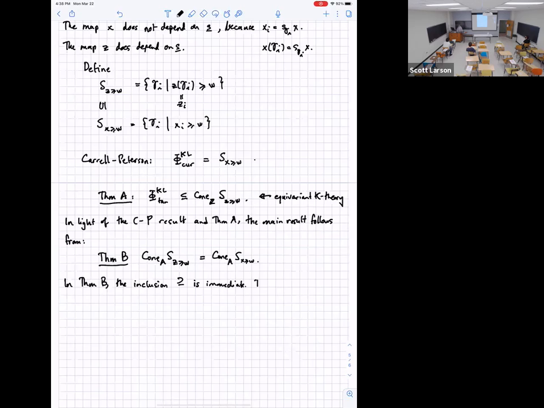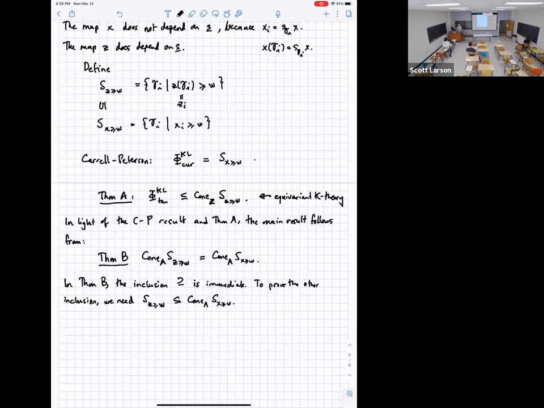And then to prove the other inclusion, we need to prove that the cone of the set of S with Z bigger than w is contained in the cone over A of the set of S with X bigger than w. Then we'll get the other inclusion of cones, and we'll be done.